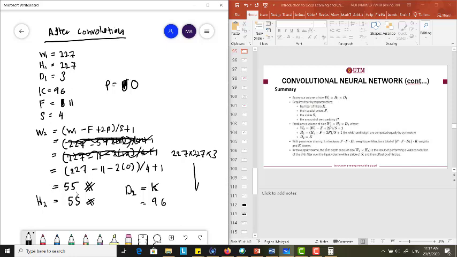After the first convolutional layer, it becomes 55 times 55 times 96. Okay, so that's how we calculate that.